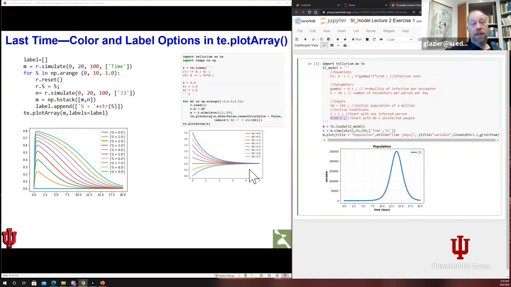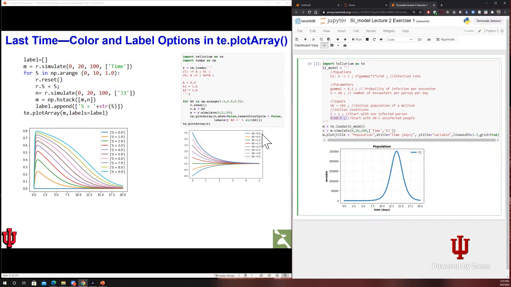One thing that I find nice if you're doing parameter scans is this awkwardly named reset color cycle equal false, in which case each line in your plot will have a different color. And then labels, and that allows you to label each line. So if you have a parameter scan, you can use that.